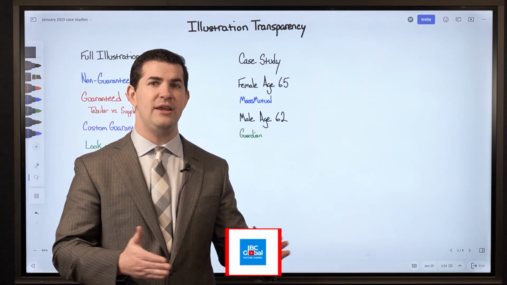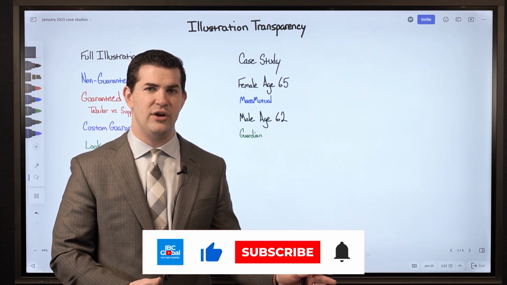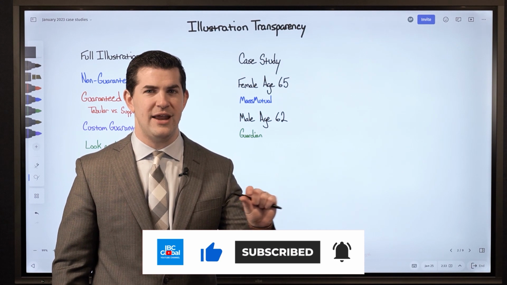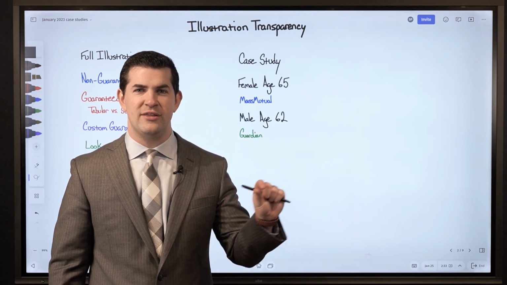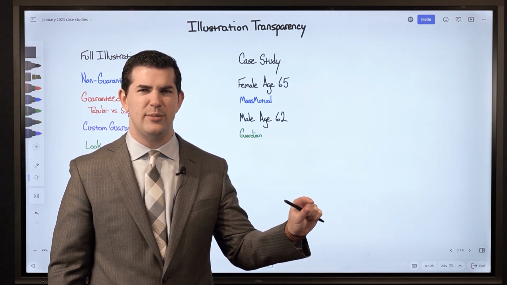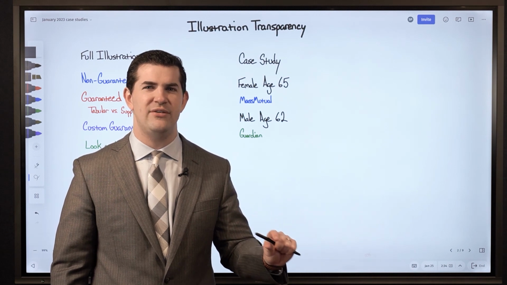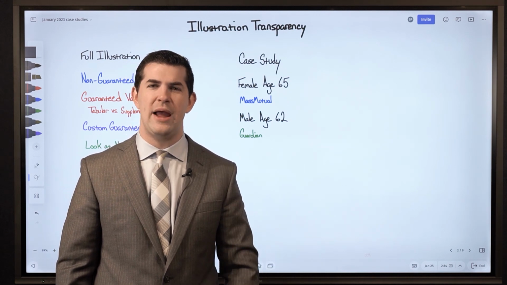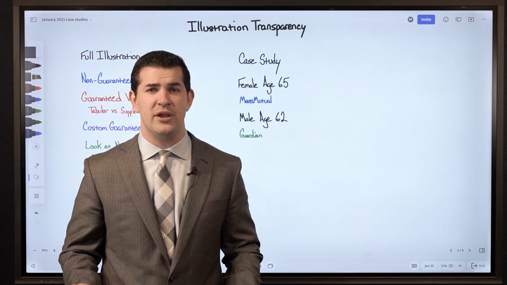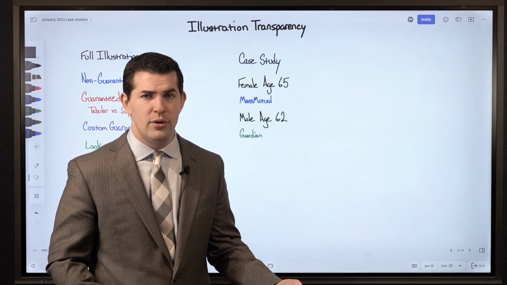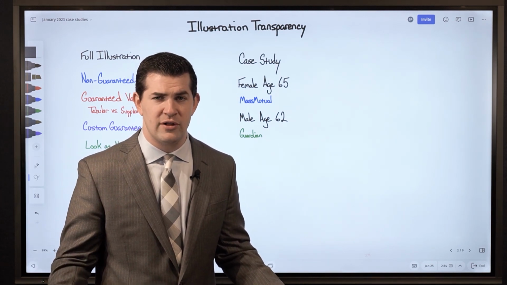But then on the guaranteed side of the illustration, under the tabular details section, you see that the first year is $10,000, but then the second year it's $10,530. The funding gets all wacky, and it's just confusing. It's confusing to you. You know it's going to be confusing to your client.